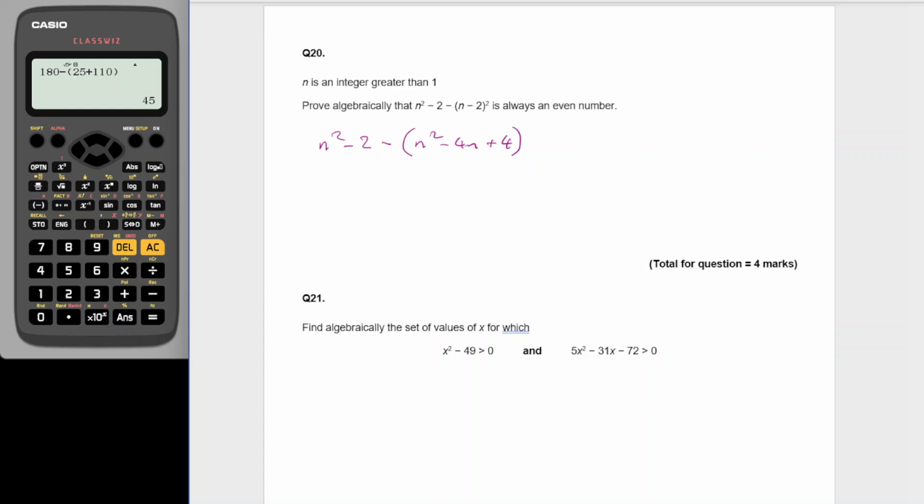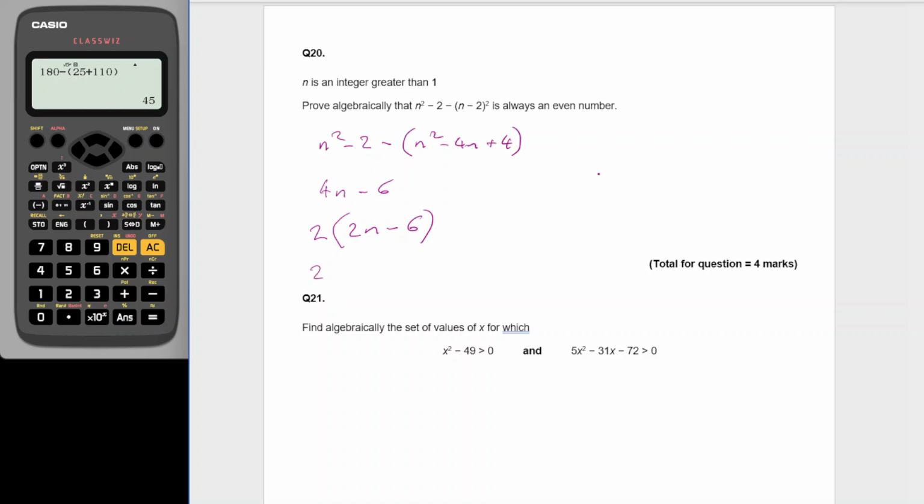Minus 4n becomes plus 4n. And then minus 2 minus 4 would give me minus 6. So what I'm going to do then is take out 2 as a common factor, so 2n minus 6.